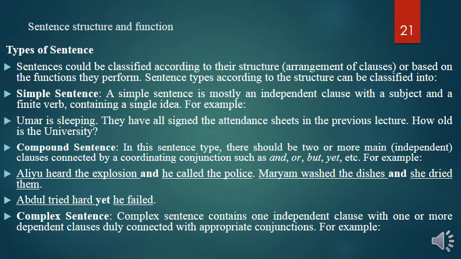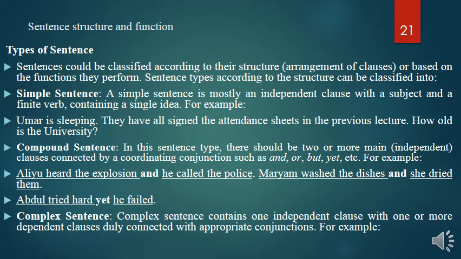A compound sentence is the type of sentence that has two or more main or independent clauses connected by a coordinating conjunction. That is, in a situation whereby you have two or more main or independent clauses coming together by the use of a coordinating conjunction, it is called a compound sentence. For example, Aliyu heard the explosion and he called the police.